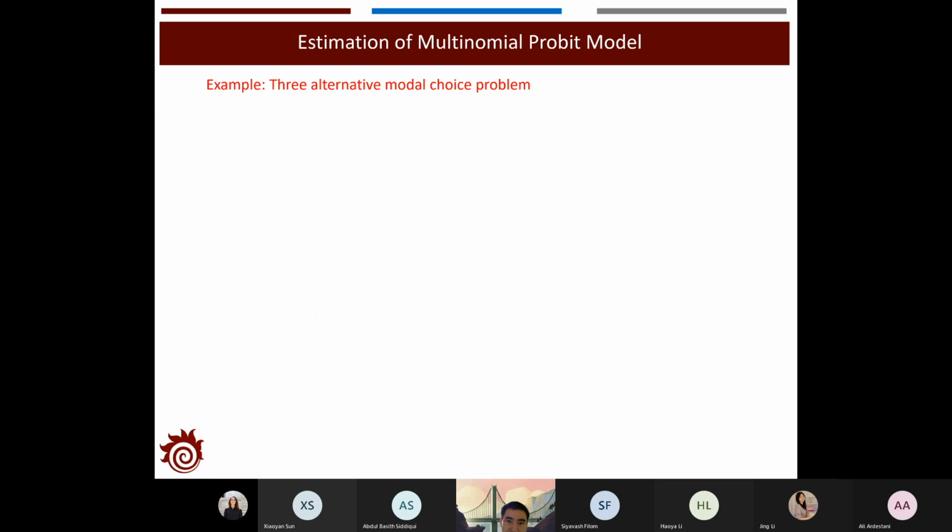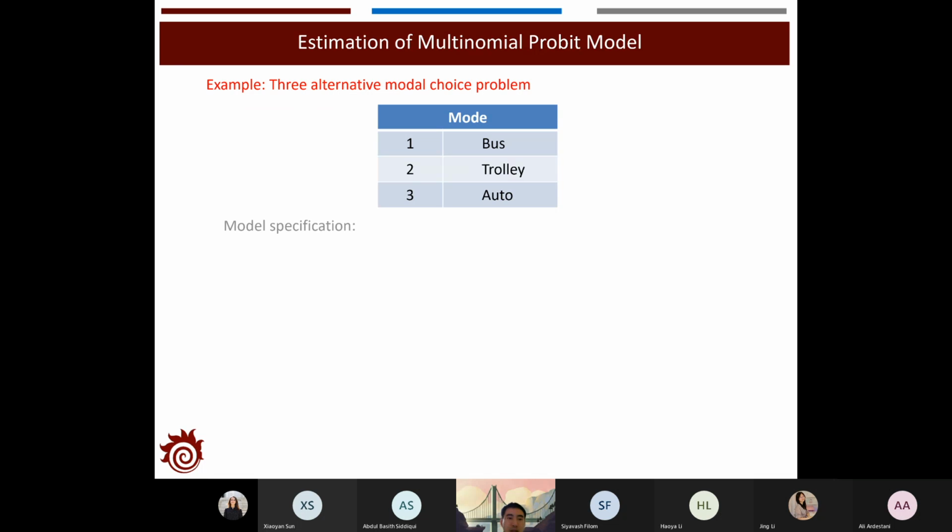And now let's see one example about how to do the calibration of the probability model. Here we will have 3 different modes: the bus, trolley, and auto traveling in the city, and it's available for multiple individuals to take. And then we will apply the probability model. We want to calibrate the probability model based on the observations.